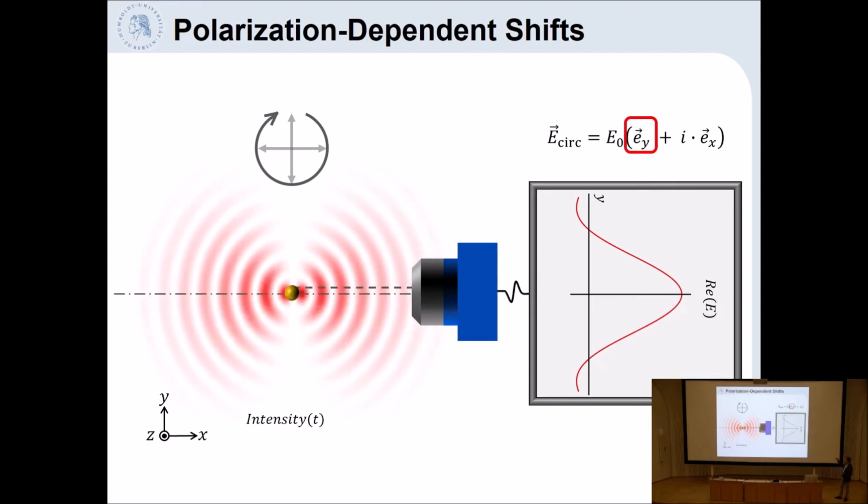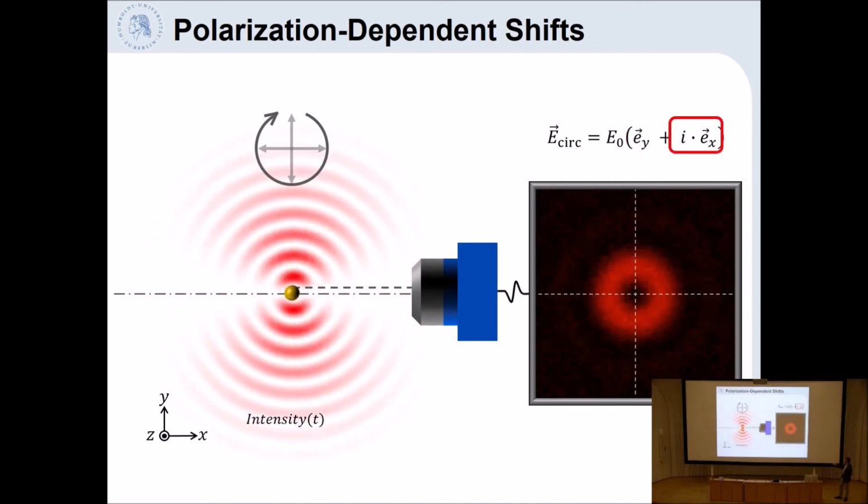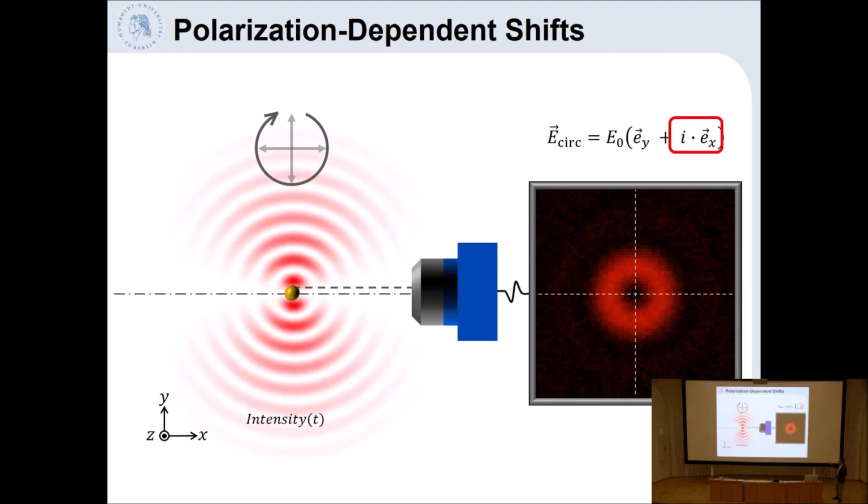So this corresponds to the field oscillating along y. But if we now also have a dipole oscillating along x here with a phase shift of 90 degrees, then this dipole alone gives rise again to a linear dipole emission pattern. However, there's no emission along the optical axis. So if I now put a finite numerical aperture lens here, what I will then see is a donut-shaped mode, okay?